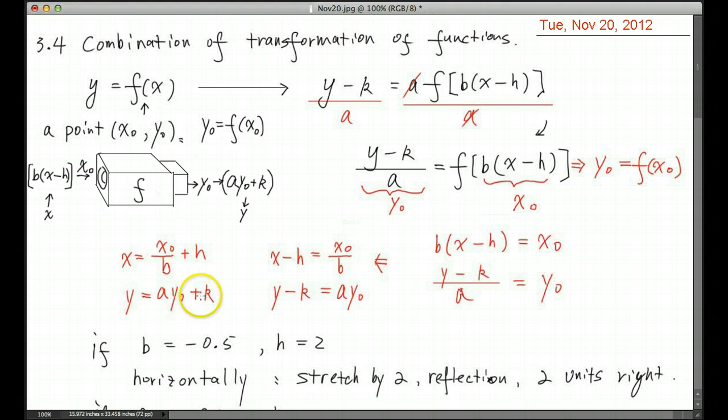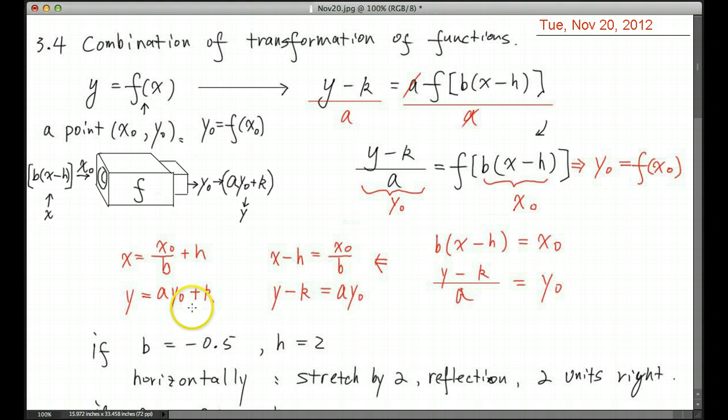So x represents the x coordinate of the new point. It has this relation with the original point: divided by b plus h. And y equals a y0 plus k means you multiply the y0 and then add k, right?